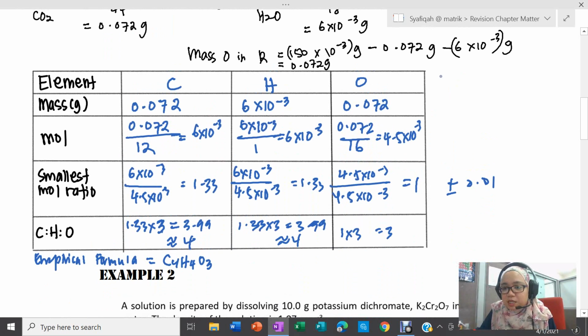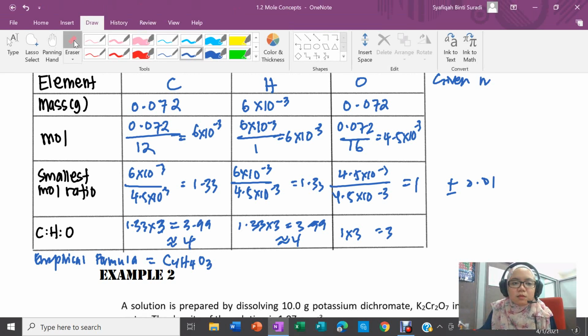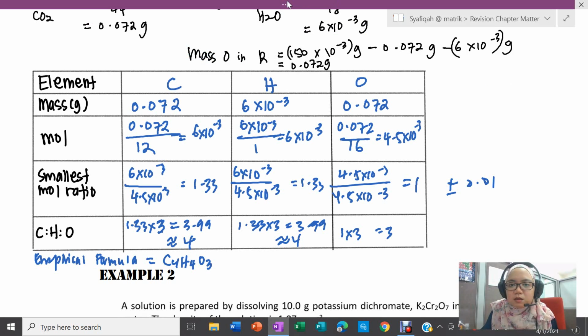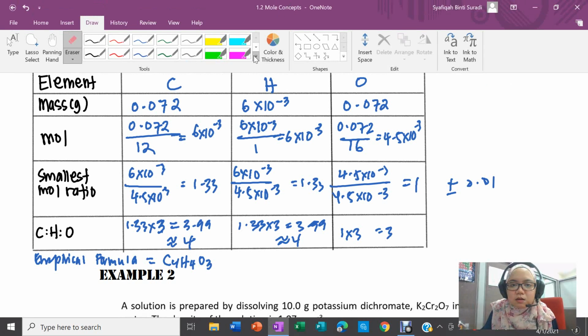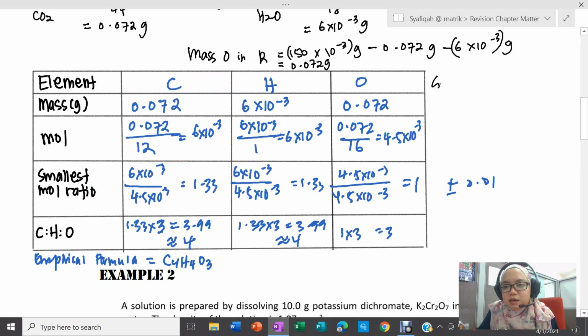Okay. Dia bagi you given molar mass, betul? Alright. So, dekat sini, given molar mass of R is equals to 100 gram per mole.